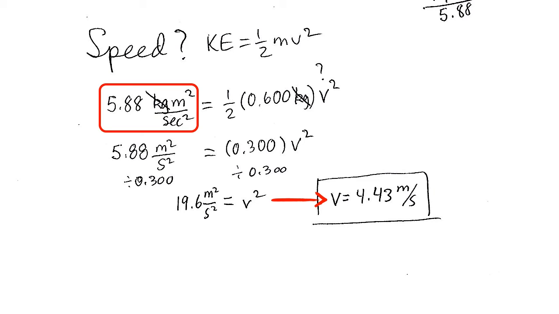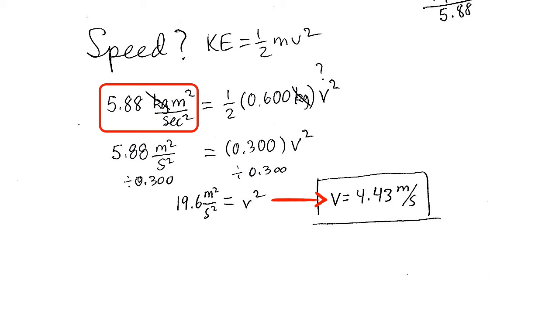Now, as I've mentioned before, sometimes you want to use Newton meter, NM, as your energy unit, because sometimes you want to cancel out a force, or sometimes you want to cancel out a delta X or something like that. If you want to do that, use NM. Now this one we want to cancel out some kilograms, and we get 5.88 meters squared per second squared equals 0.300 times v squared.